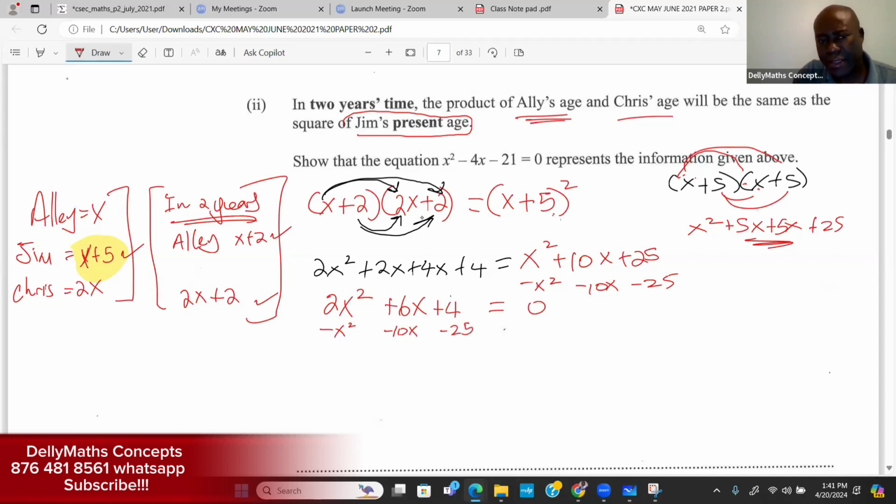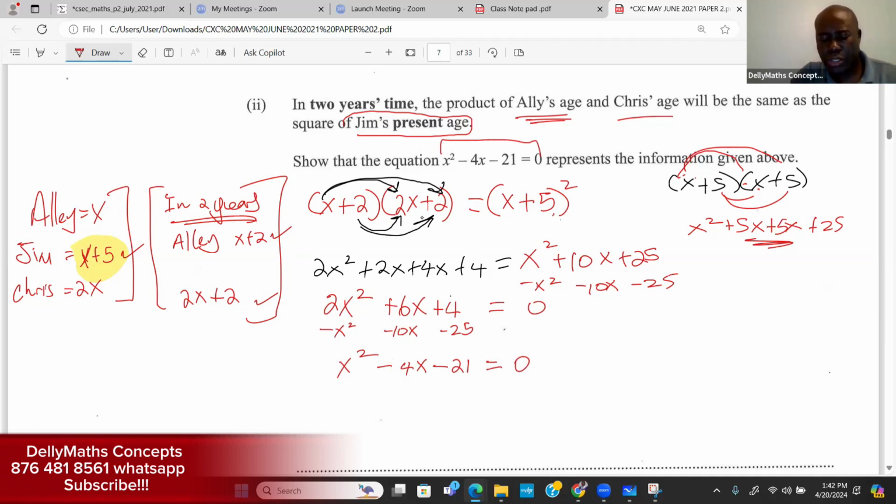So when I simplify this, I'm going to have X squared minus 4X minus 21, and this is equal to 0, which is what they ask us to prove.